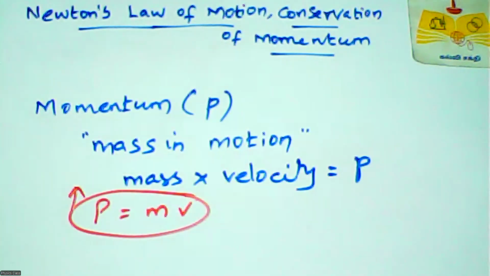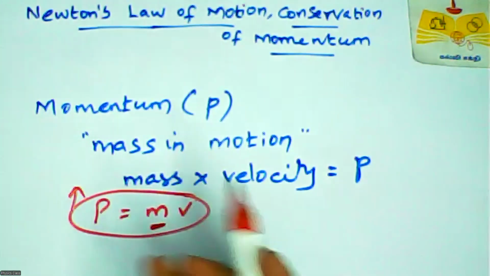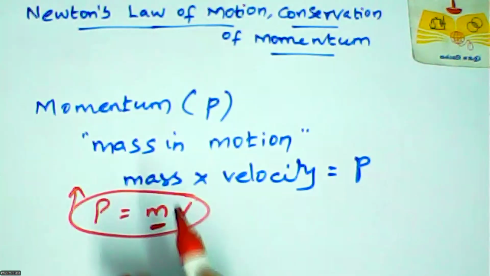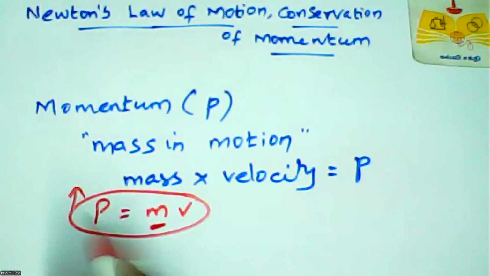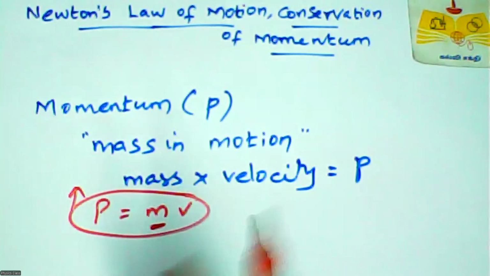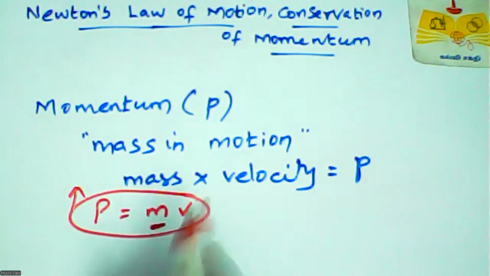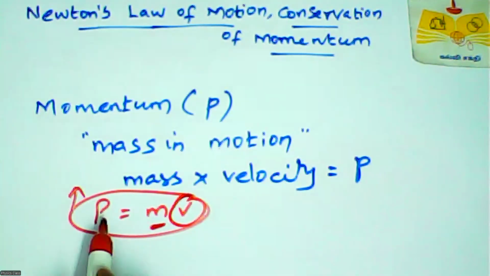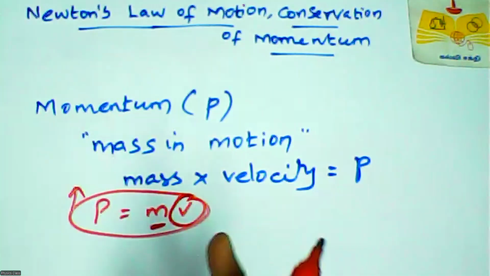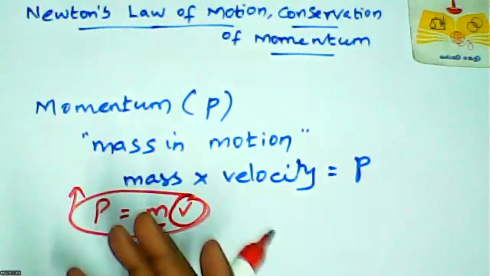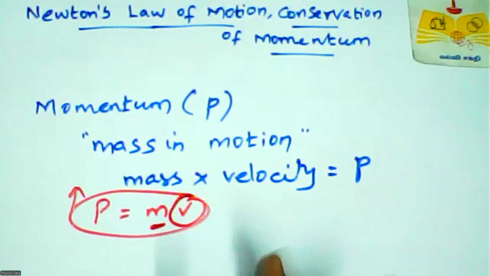The more massive an object is, or the faster it's moving, the more momentum it has. More massive means it weighs more, like 1 ton or 2 ton. Or when it moves faster, the velocity increases, so we get more momentum. That car has more momentum.